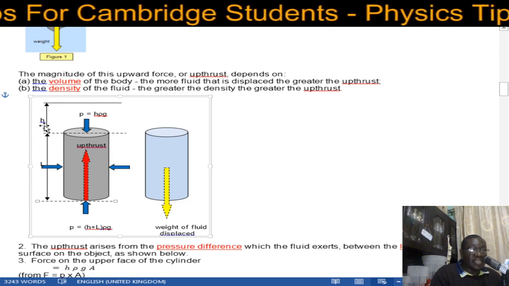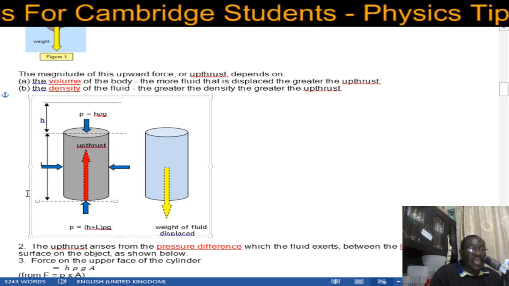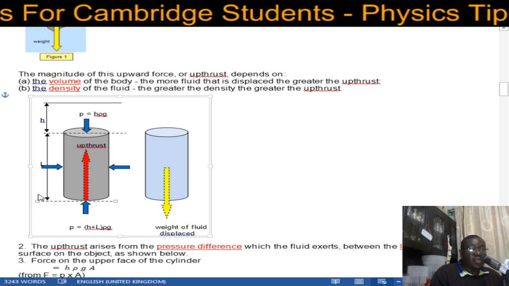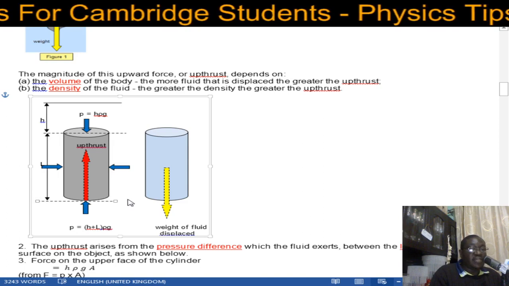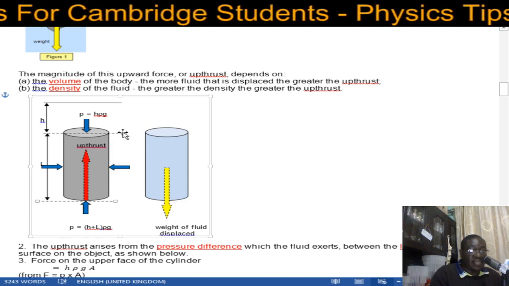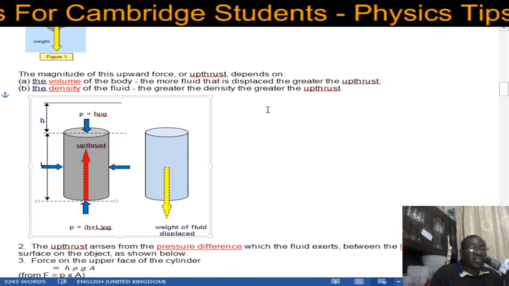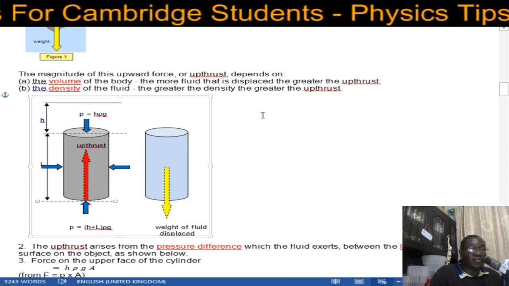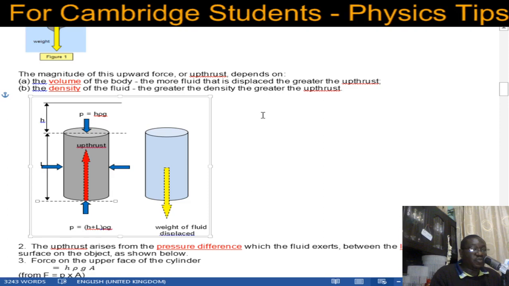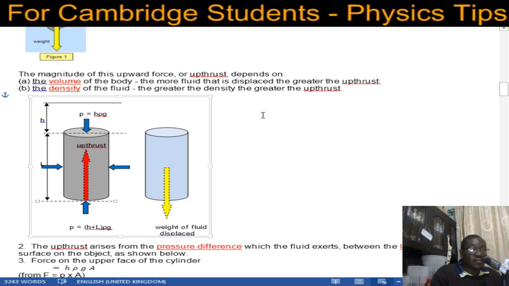At this depth here, there's less pressure than at the depth below. So we're going to find the pressure at this depth, then subtract the pressure at this depth, and then we multiply by the area to get the force, because pressure is equal to force over area. Force will be pressure times area.